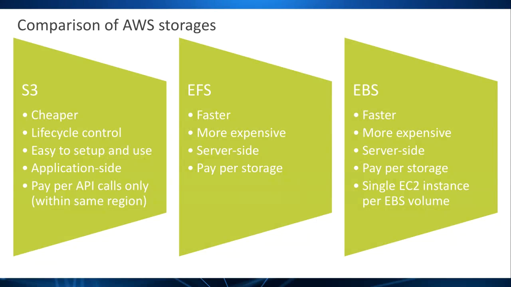You can use Glacier or Deep Archive, which will store your unneeded data much cheaper. But as said, it requires application-side changes because S3 is an API-based file system, so you have to provide some driver to support this functionality.